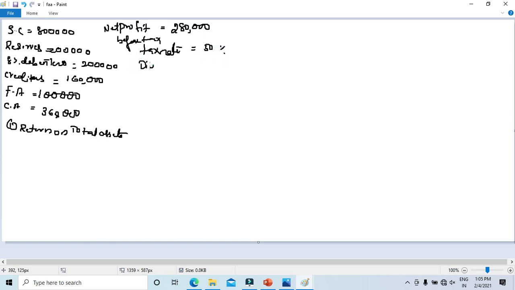Now the second is asking return on capital employed. The numerator will be the same, net profit after tax, but for the capital employed, what all the things include, I am just going to write down.